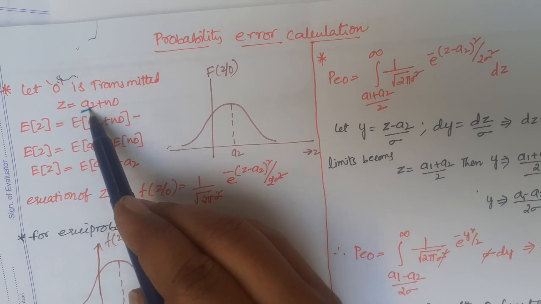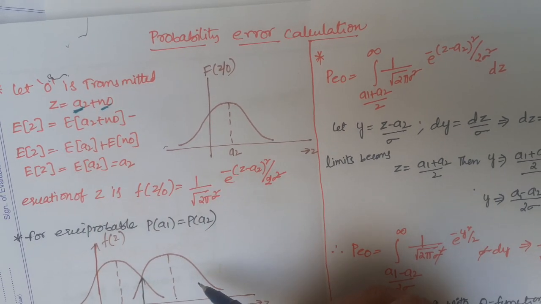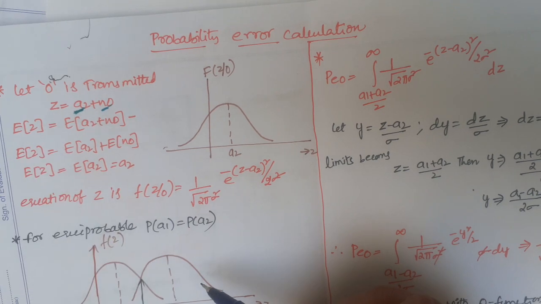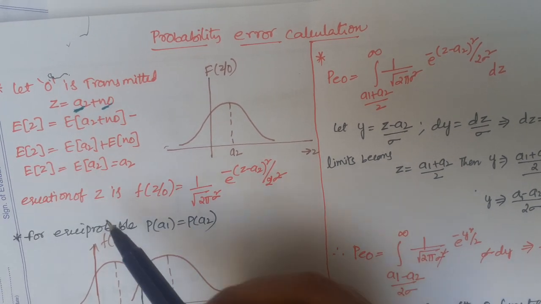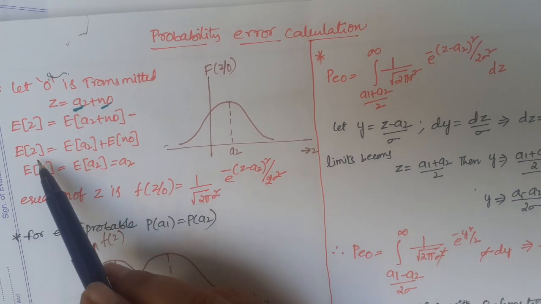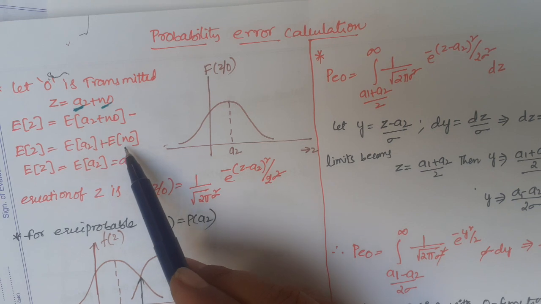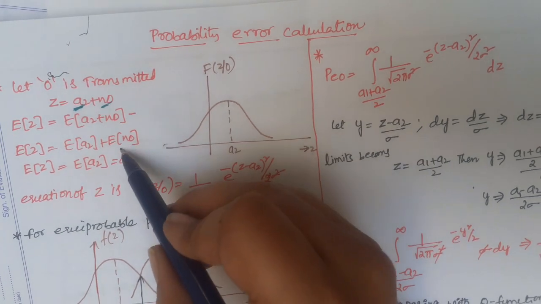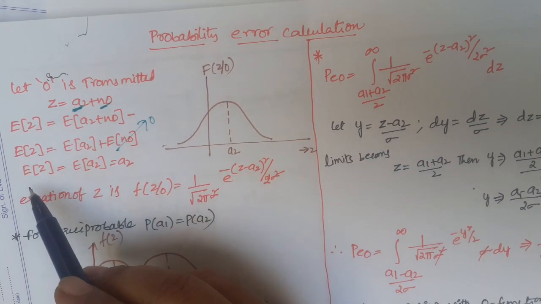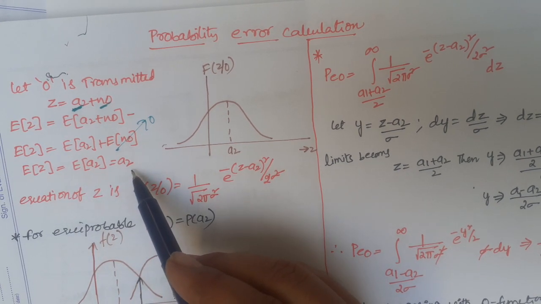For bit 0, A2 is the signal component and N0 is the noise component. Similarly, here also I want to find the mean, E of Z, which is the expectation of this entire term. So expectation of Z is equal to expectation of A2 plus expectation of N0. We know that the noise component is again 0. So expectation of Z is equal to expectation of A2, that is equal to A2.